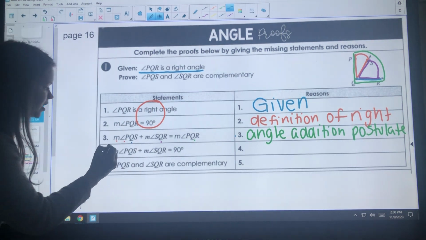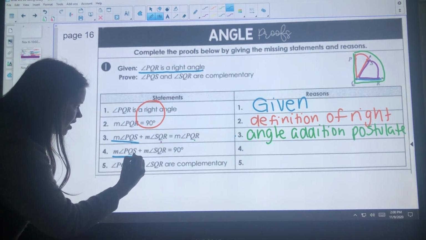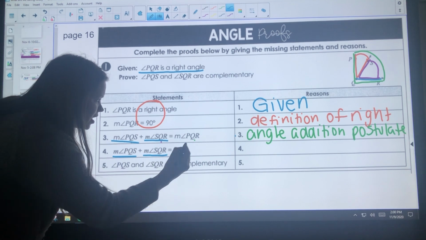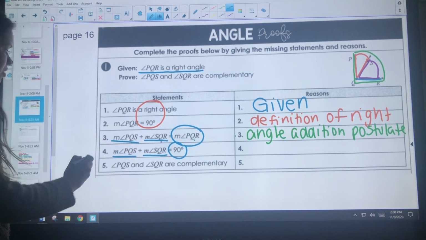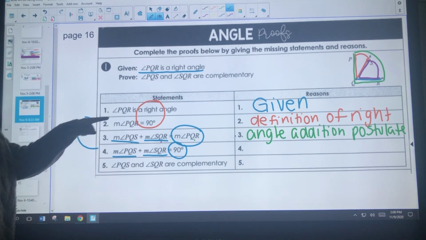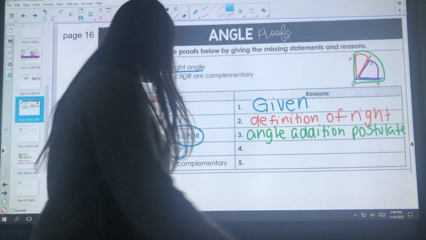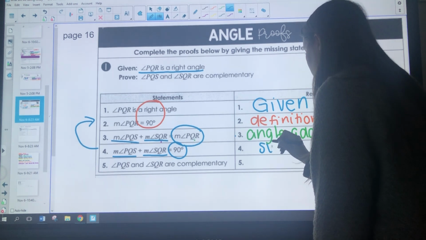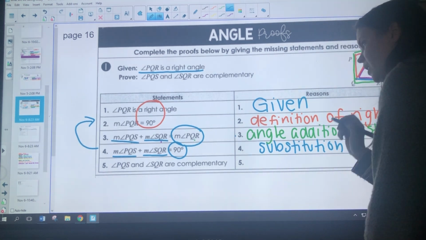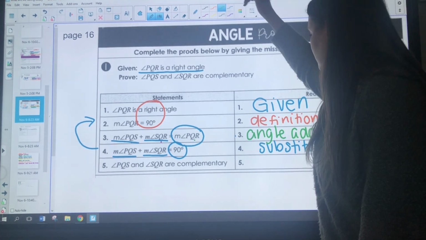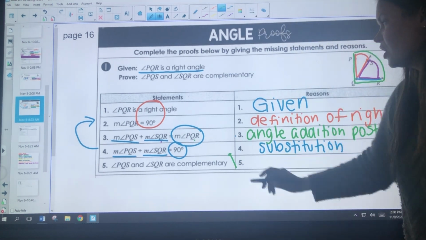Try to figure out what's different. PQS stayed the same. SQR stayed the same. Why are they allowed to replace PQR with 90? Because right here they said that PQR equals 90. And the fancy word for all of that is substitution. All right, and lastly, again, just use the row above.